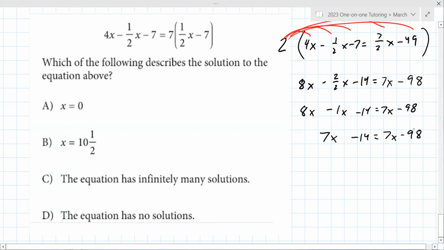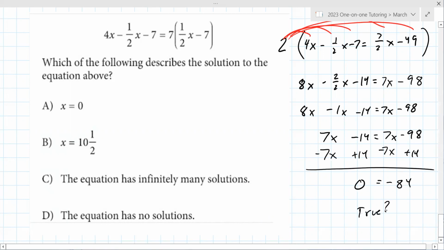What would you do from here to solve for x? Subtract 7x from both sides. And I'm going to go ahead and add 14 to both sides here. So that leaves you with 0, because there's nothing on the left. 0 equals negative 84. Is this true?